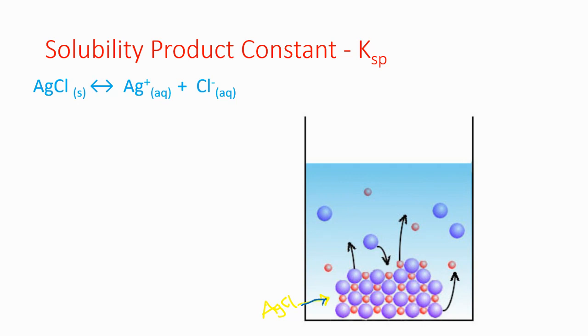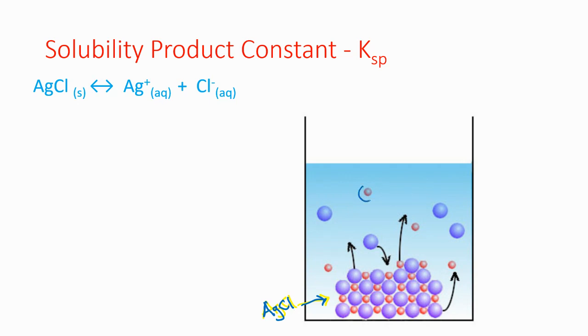Again, at the bottom, you have a crystal lattice structure, AgCl, mostly in the solid phase. But if we look at it, we notice that there are a few ions that make their way into solution. They're dissolved, essentially. And in this diagram, they're represented by those individual ions that are not part of the crystal lattice structure.